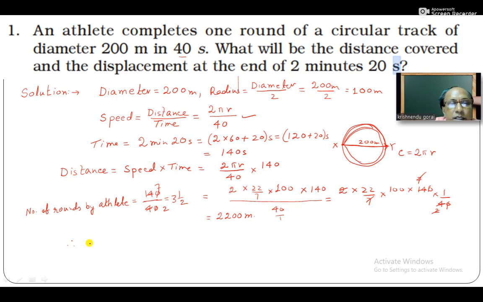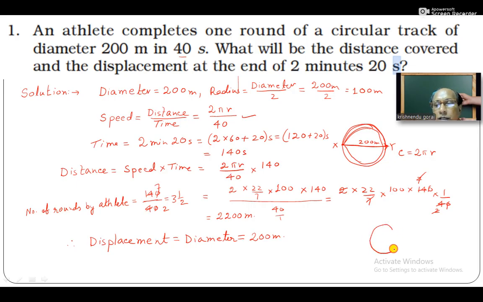Therefore, displacement in this case is equal to diameter, and that is equal to 200 meter. Yes, number of rounds by athlete is 140 by 40, that is 3.5 rounds. 3.5 rounds means what?